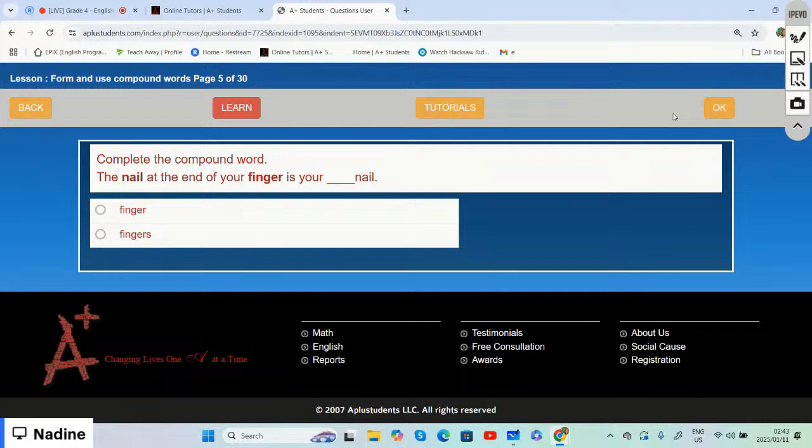Is it option one, a fingernail, or option two, fingers nails?